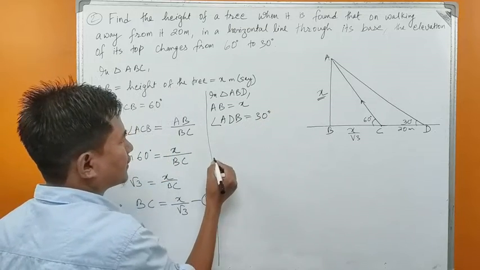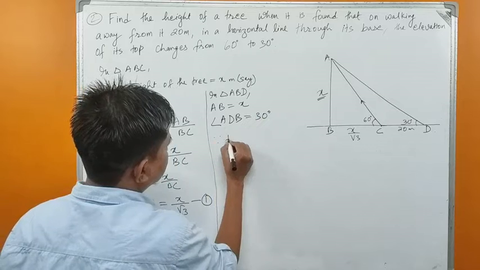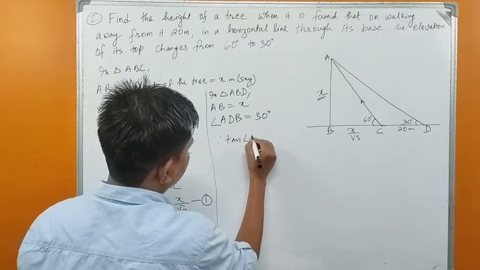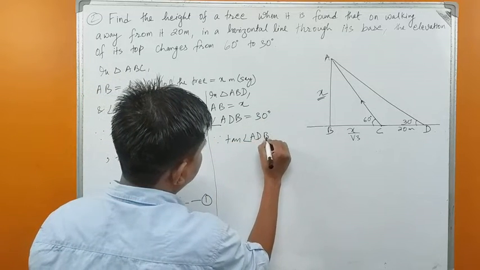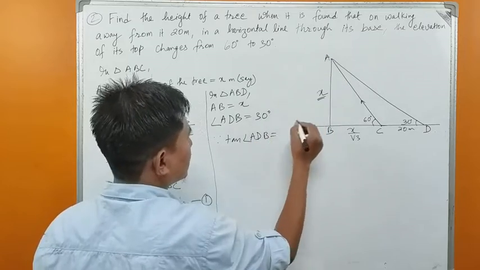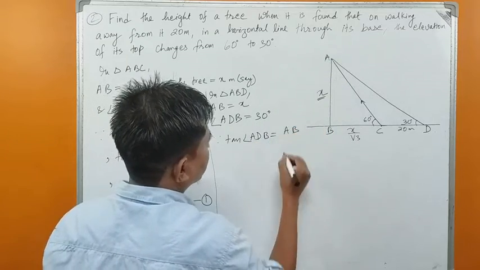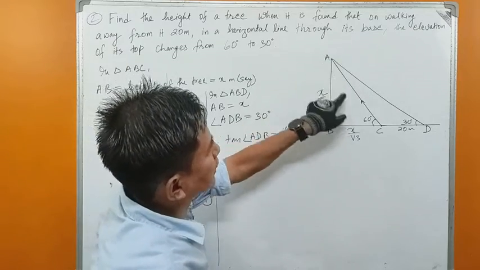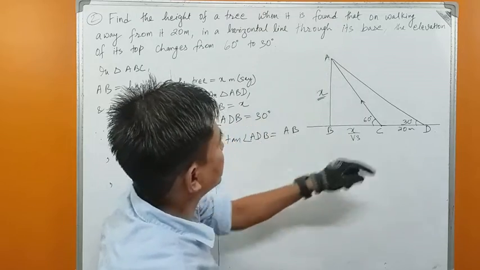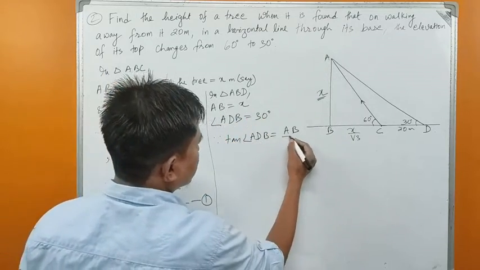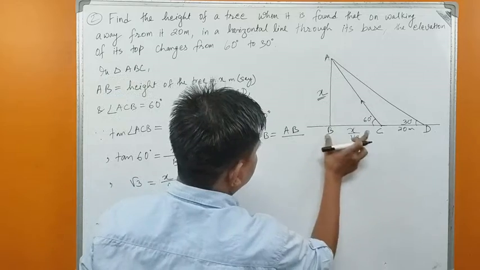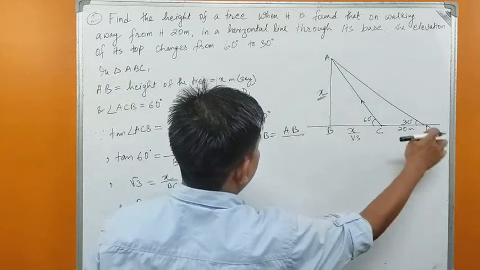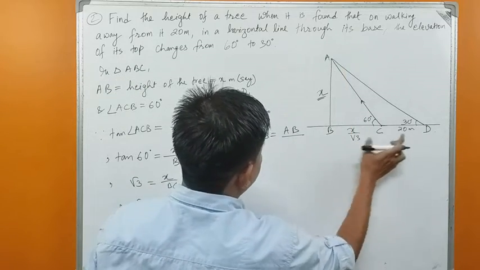So let's apply tan theta. Tan of angle ADB equals perpendicular AB over base BD. I told you earlier, the perpendicular remains common for both triangles ABC and ABD. When we talk about the bigger triangle, the base becomes BD.